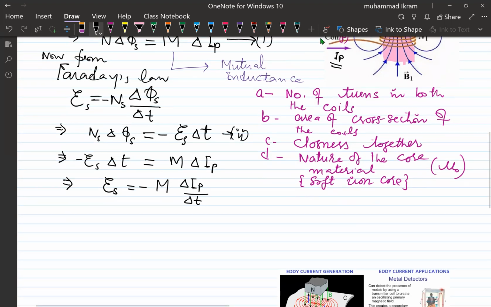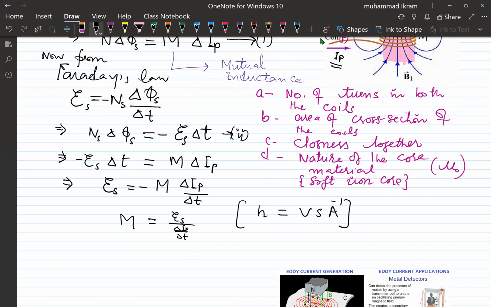Where M is called the mutual inductance, and the SI unit here is also Henry, and 1 Henry is equal to volt second per ampere.